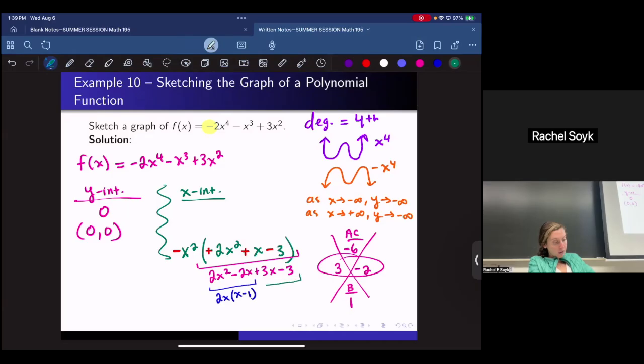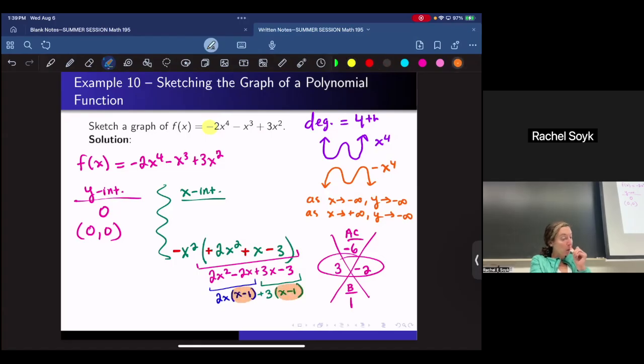For those last 2 terms, we can pull out a 3, and then we're left with x minus 1. If you did it correctly, what you have in parentheses should be exactly the same, which it is.